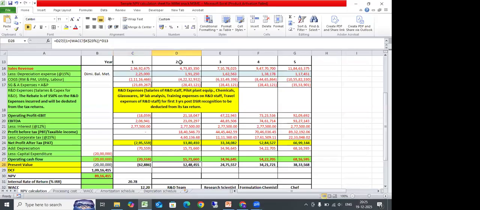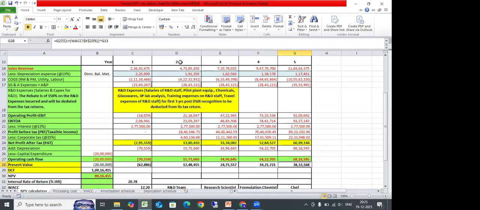So how much are we getting? 54 is the operating cash flow, but since the value will be less in the future, you will see the reduction here. 15 has come down to 12, 34 has come down to 24, 54 to 34, because we have discounted it.